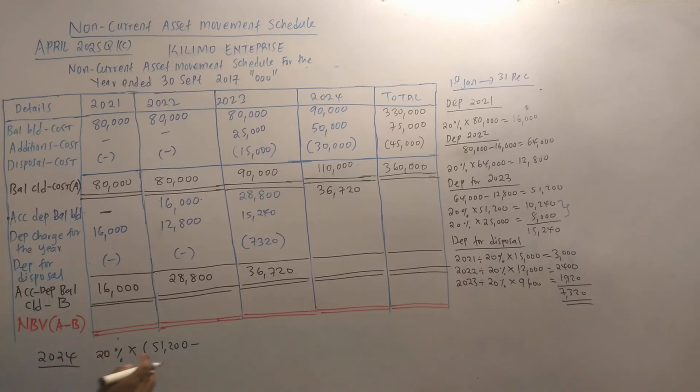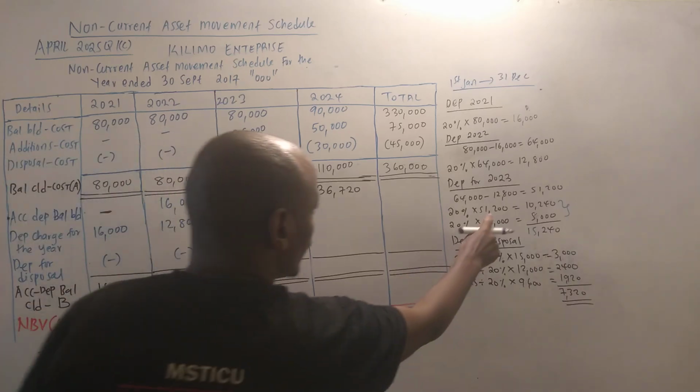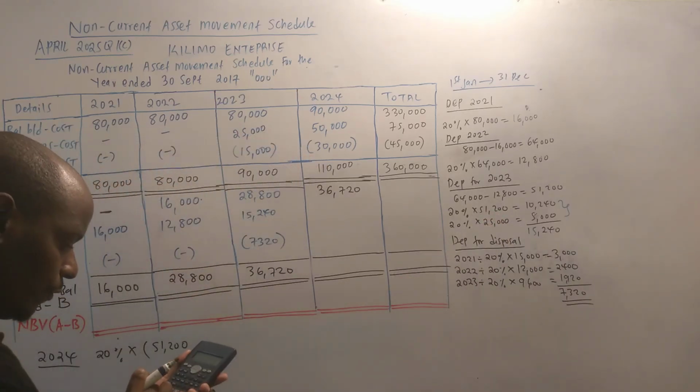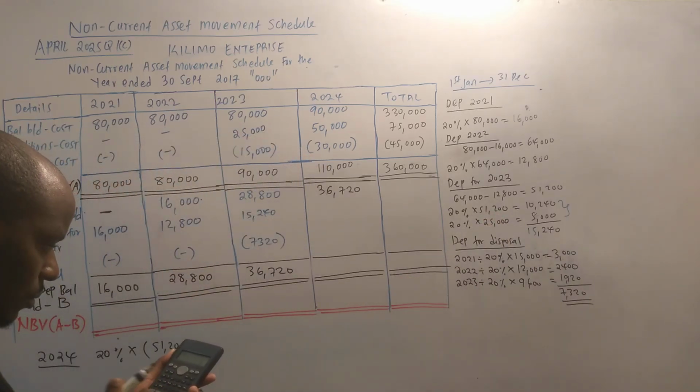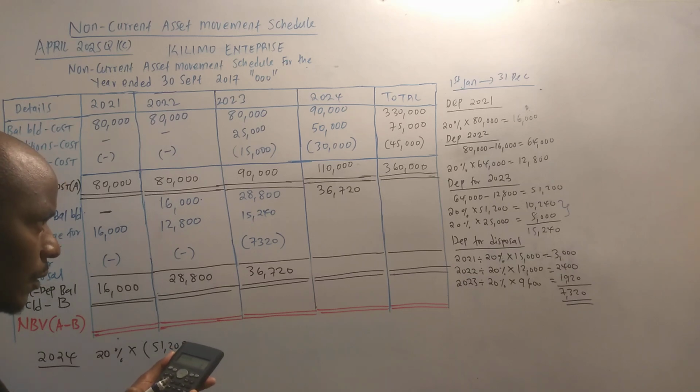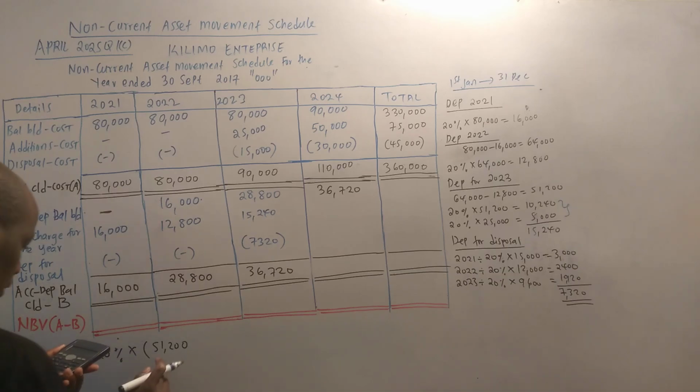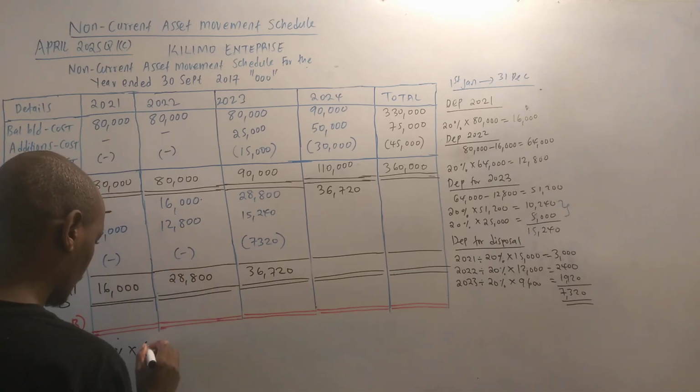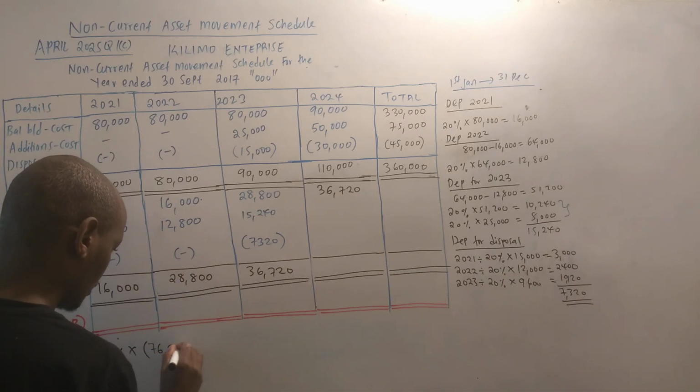Now we are supposed to add, let's just do this. For 2023, there was another item that was acquired. So what we do, we just add these two, the cost. 51,200 plus 25,000, that is 76,200.